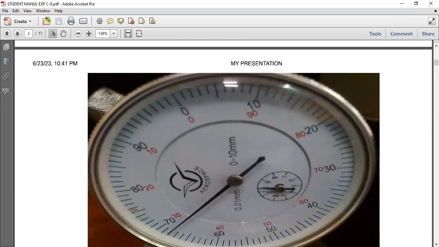So to get the reading of this dial gauge, we will take the reading of the revolution counter, that is 0 in millimeters. Then we'll take the reading of the outer scale, that is 68. And then we'll multiply this reading by 0.01 millimeter. That is the precision measurement of this dial gauge.